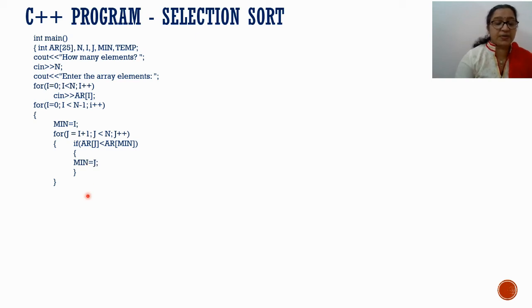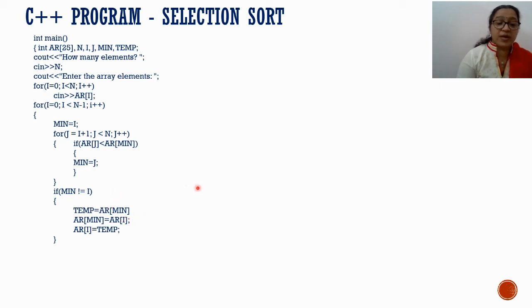Now we can swap it, so just see the swapping method. If min is not equal to i, since if min is 0 itself we don't want to swap it. If it is not the 0th position, then we want to swap the values. How can we swap it? That's why I used a temporary variable here. In the temporary variable, we copy the AR of min value, because the smallest element is in the min position.